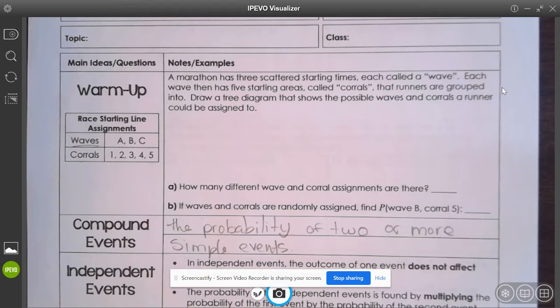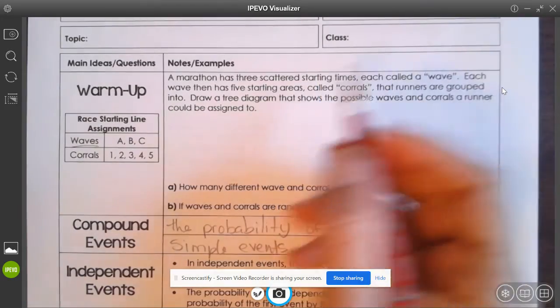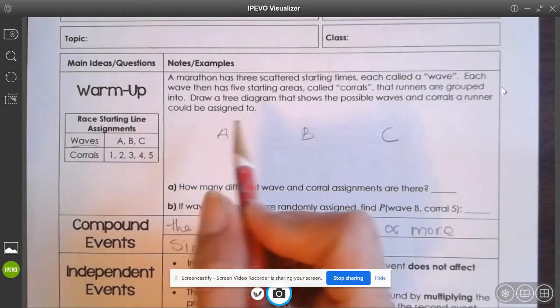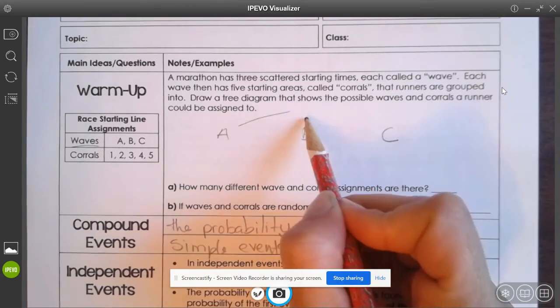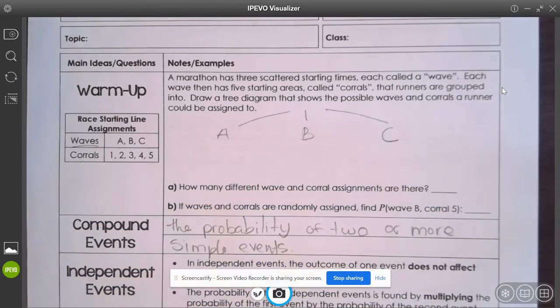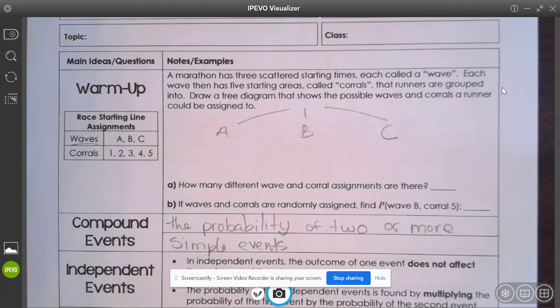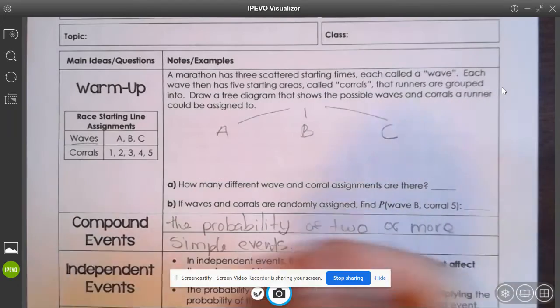So we're going to draw a tree diagram that shows the possible waves and corrals a runner could be assigned to. This is how we do it. We have A, B, and C. There are three possible waves. Within those waves, each has five possible corrals.